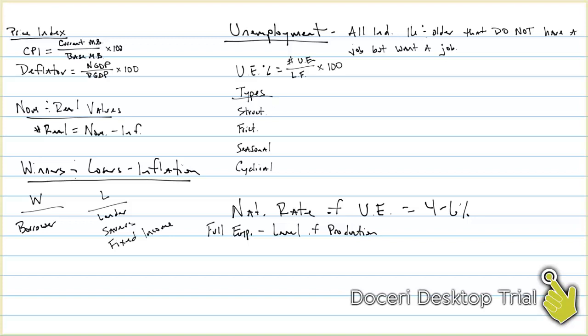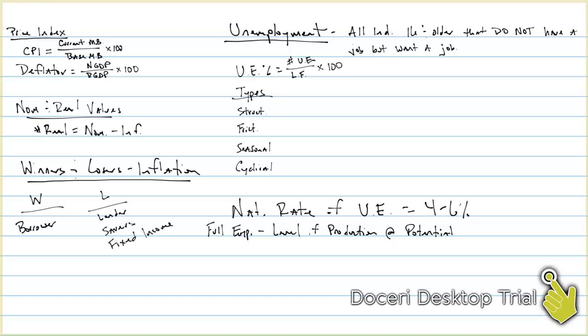Full employment is referring to a level of production when our economy is being efficient. So it's a level of production, we could say, at potential. When we're using all of our resources, that's when we're producing at full employment.